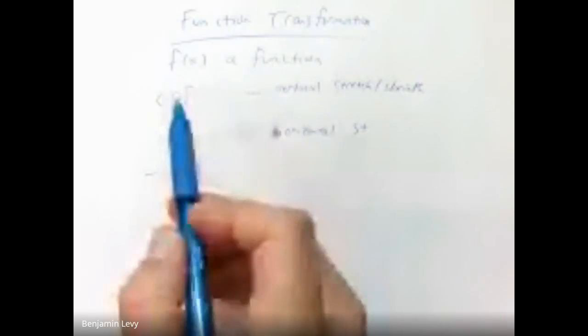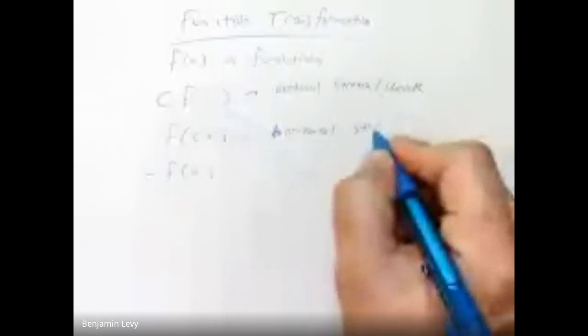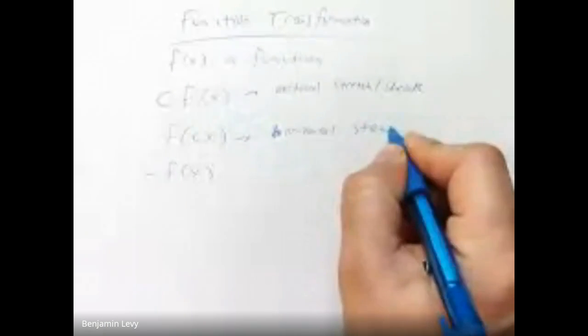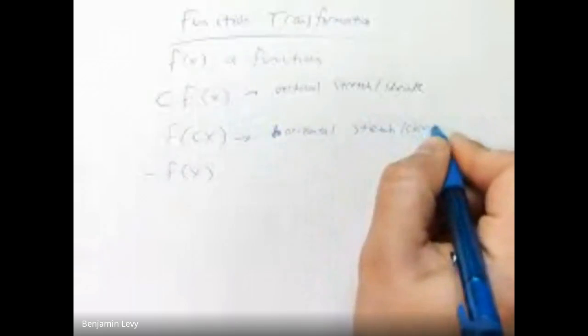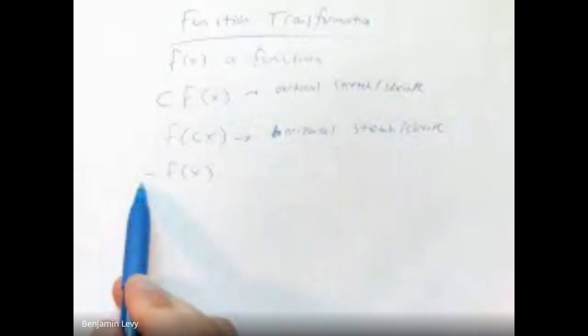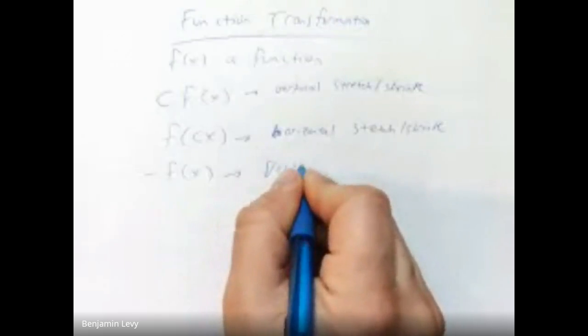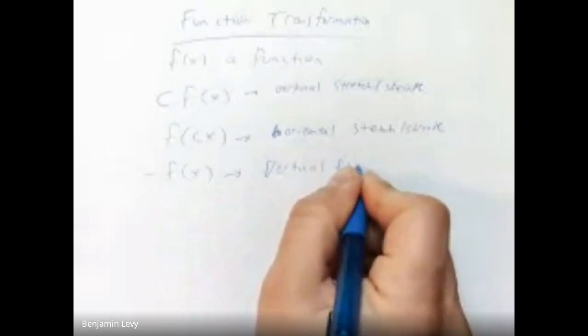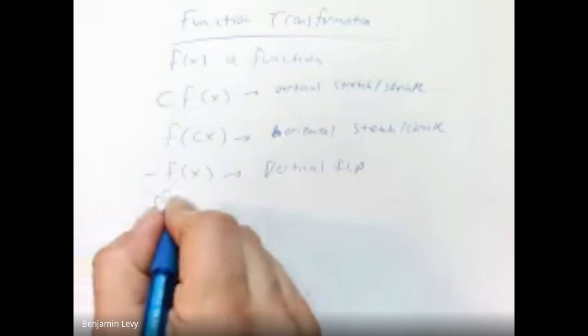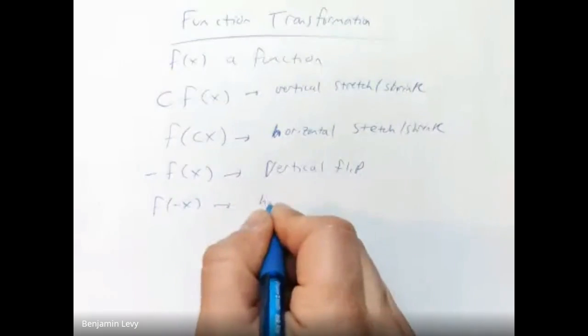Okay, so when you multiply on the outside of the function, that's vertical. When you multiply on the inside, that's horizontal. Stretch or shrink. If you multiply by -1 on the outside, that is a vertical flip. If you do it on the inside, it's a horizontal flip.